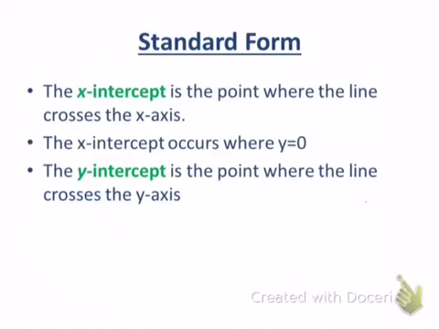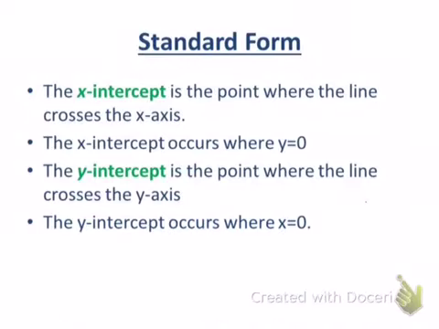Every point on the y-axis has an x value that's equal to 0. So if we want to find the y-intercept, we need to plug 0 in for x. I said x-intercept, I meant y-intercept.